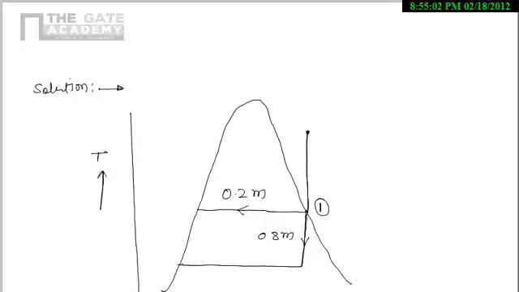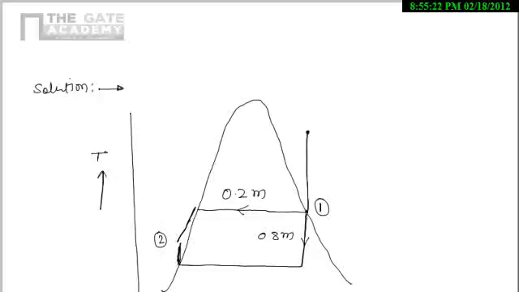From the condenser there is a pump, and we mark this point 2 as per the problem. It is now in the feed water heater at point 2.